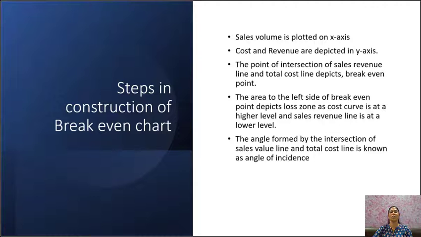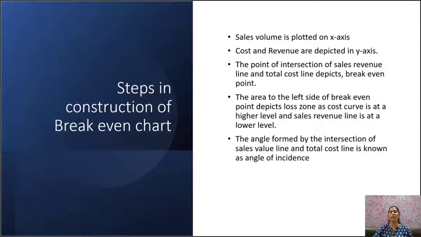Now the steps in construction of a break-even chart. The following steps are followed. First, sales volume is plotted on the x-axis. Sales volume may be expressed in terms of value, that is rupees, or units, or as a percentage.